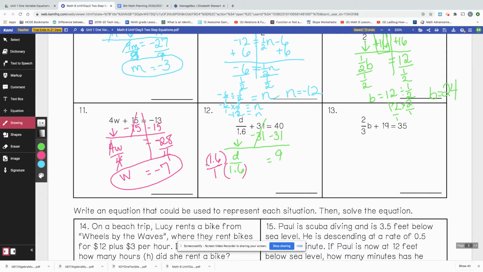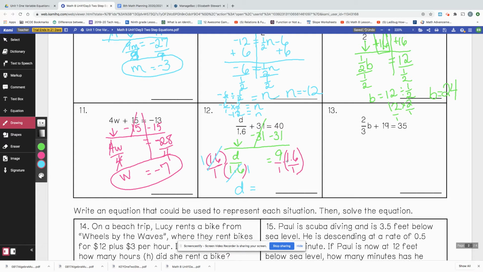Okay, if I multiply this side by 1.6, I also want to multiply this side by 1.6 divided by 1. Left side, two numbers divided by each other, same number divided by itself is equal to 1. So I have a 1d, which I write as just d.